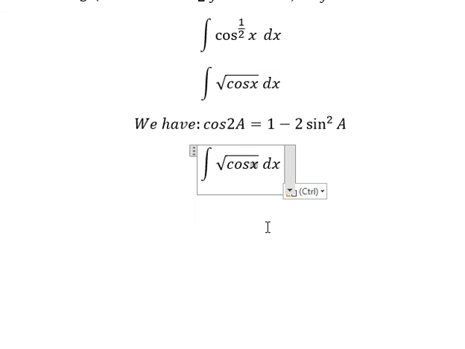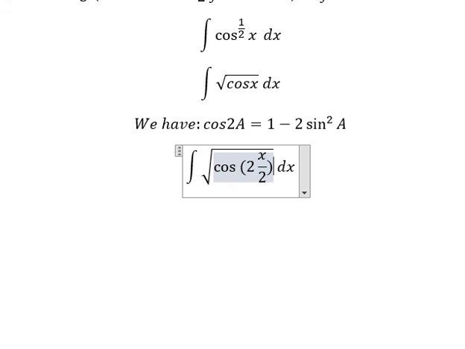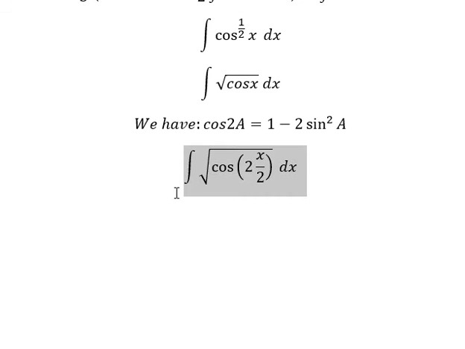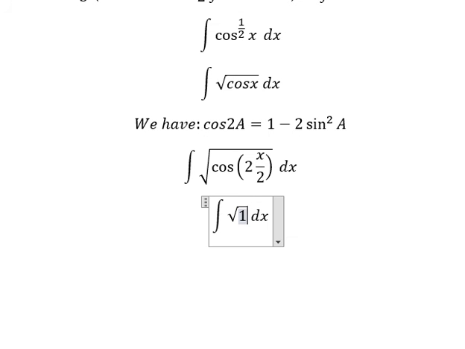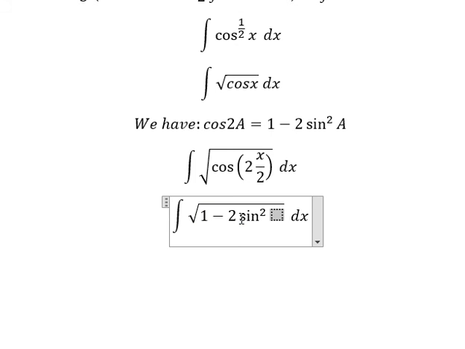So about s, we have number 2 multiplied by s over 2. So capital A, that is s over 2. So this one, we have 1 minus 2 sine of s over 2 to the power of 2.